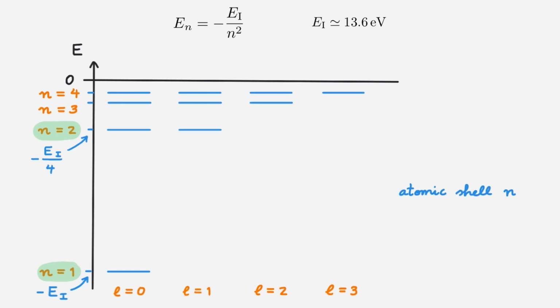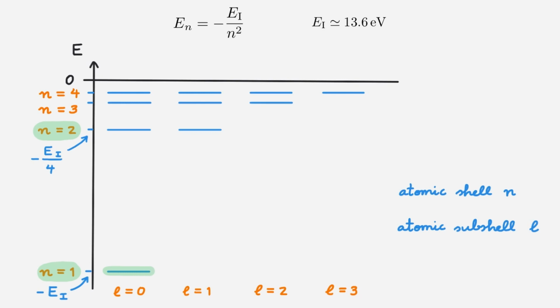The second concept that we want to introduce today is that of an atomic subshell. We divide all states in a given atomic shell into subshells, and each subshell is labelled by a given azimuthal quantum number L. So, the n equals 1 shell has a single subshell, that's right here.